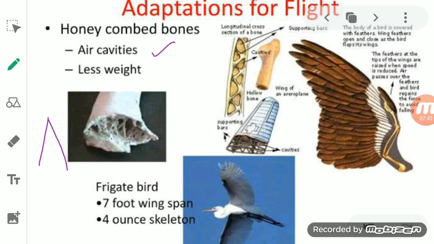When a bird moves in a particular direction, the air moving in the opposite direction will try to hamper the speed of the bird, or try to make the bird not fly.